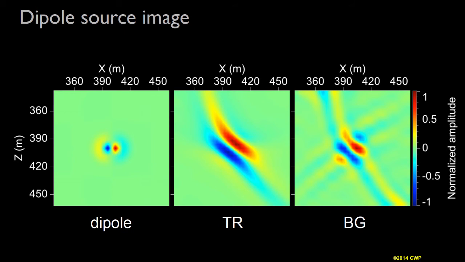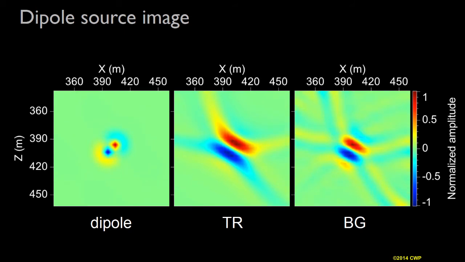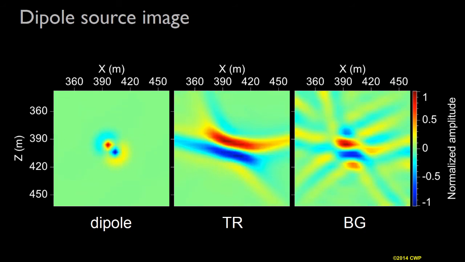And this stays valid even if I rotate the dipole orientation, because we have a radiation pattern, and if I rotate the dipole, the receivers will see different types of energy. So I'm going to rotate this to 45 degrees, 90 degrees, and 135 degrees.